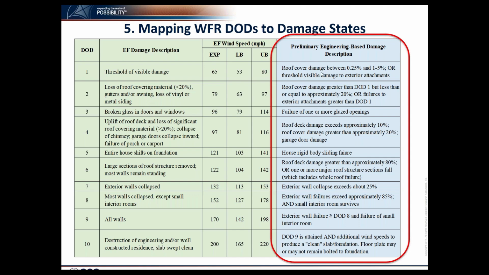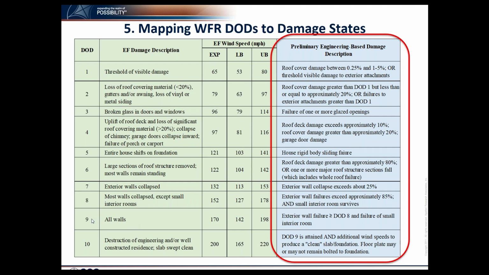So here we come up with some of the numbers based on the EF scale training documents, DOD photos, and our engineering judgment. For example, the threshold to visible damage, we define it as a roof cover damage between 0.25% and 1 to 5%, or if there is a threshold damage in the exterior attachment.